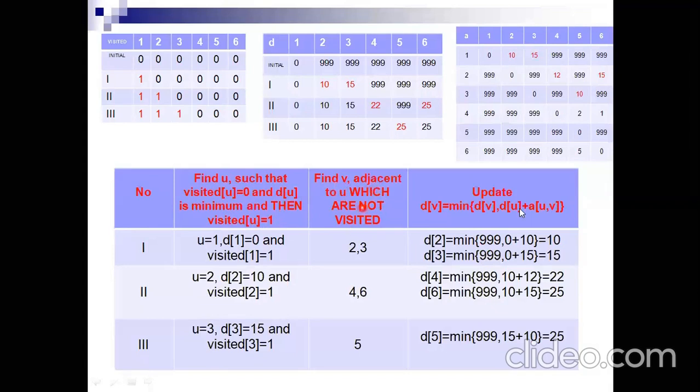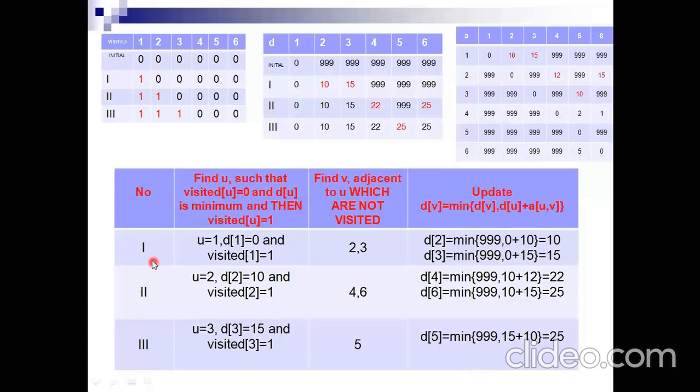Next, update dV. So dV is nothing but the minimum of dV, comma, dU plus AUV. dV is the distance from source to V, which is already recorded. dU gives me the distance from source to U, plus the weight of the edge reaching V via U. So let us now repeat the process.